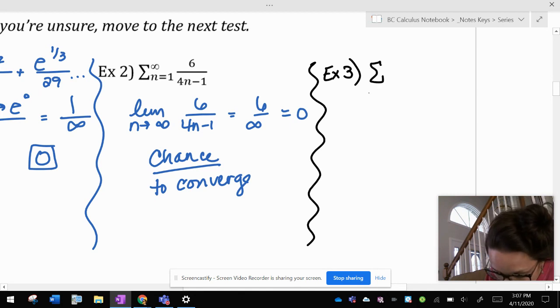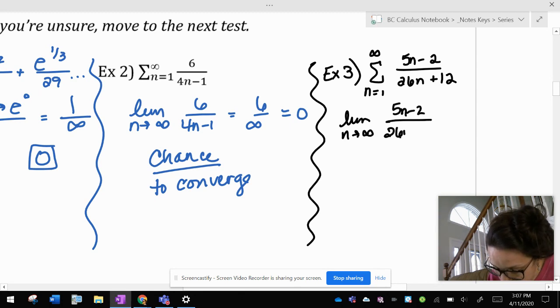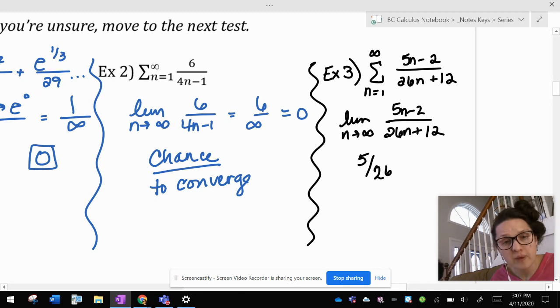What if I had the summation for n equals 1 to infinity of 5n minus 2 over 26n plus 12? Well, if I look at that, as n approaches infinity, this is 5n minus 2 over 26n plus 12. And as n approaches infinity, this goes to 5/26. 5/26 is not 0.